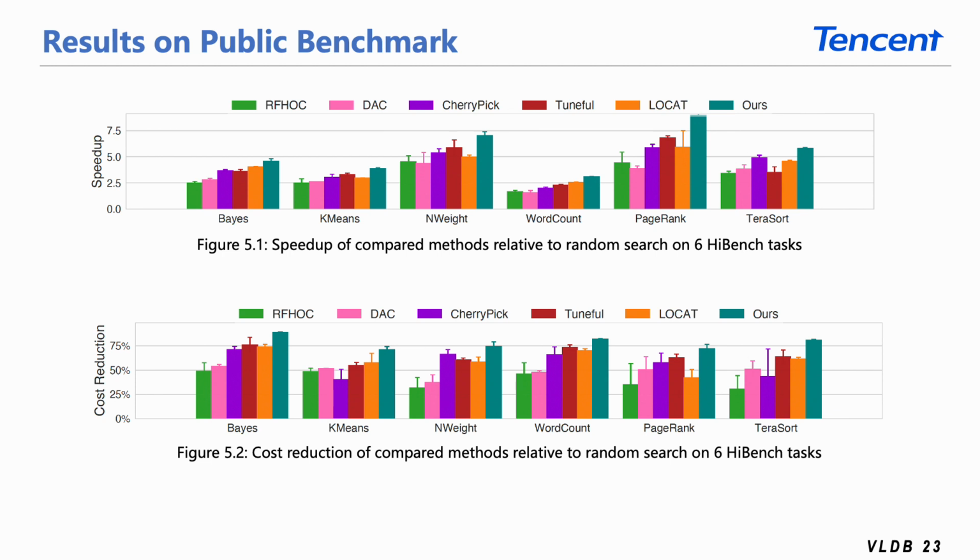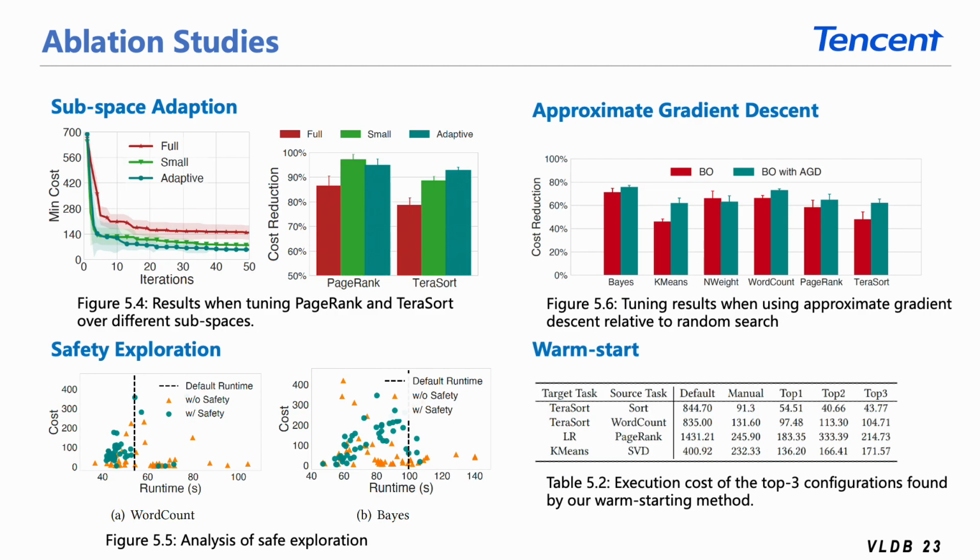Our framework achieves the best and consistent speed-up and cost reduction results among all compared methods. The ablation studies also evaluated the effectiveness of subspace adaptation, safety exploration, approximate gradient descent, and the meta-learning module, respectively.